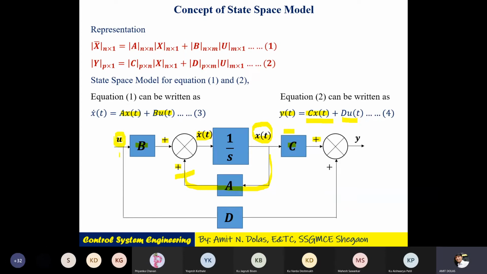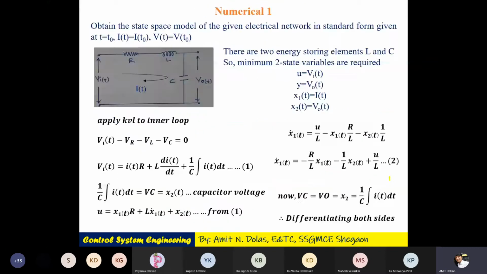Here is u of t, in which we use this D. D is a system matrix, of course. So this will be D into u of t. Combined together, with the plus sign, you will get y. So this is the state space model, whatever we have seen. We'll see the numericals, then it will be more clear.